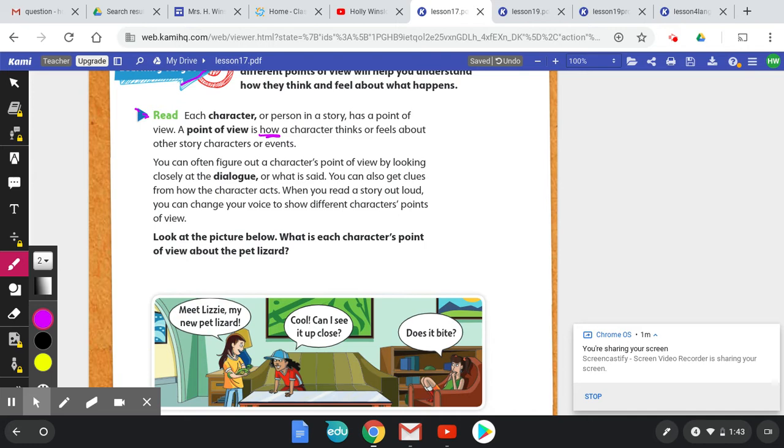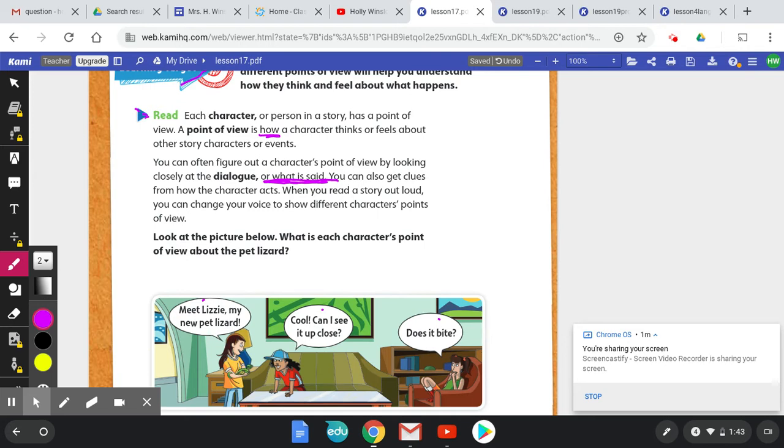You can often figure out a character's point of view by looking closely at the dialogue. And dialogue is right here, or what is said. And you see in the picture below, they have the little speech bubbles above where they're at. You can also get clues from how the characters act. You can tell by how someone reacts to what you say as to whether they like it or not most of the time.